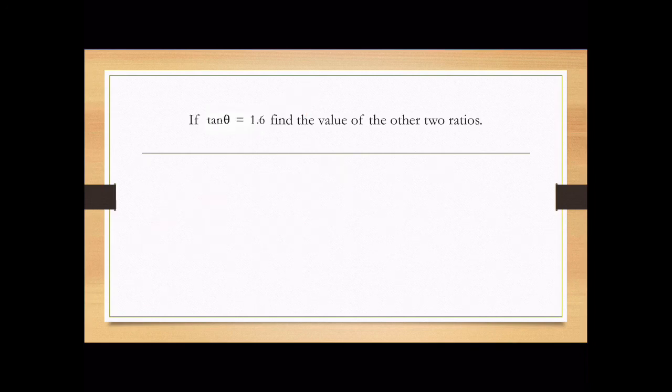Alright. Next we have tan theta equals 1.6. To make this easier, this is opposite over adjacent. To make it a little bit easier, change it to a fraction. So 1.6 is 8 over 5. Now draw the triangle. Put theta somewhere. I'll put it up here just for a change. So the opposite side is 8. Hypotenuse, we don't know, but that side is 5.